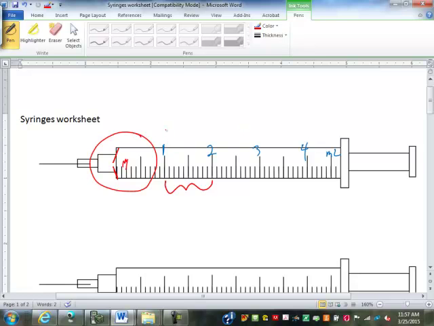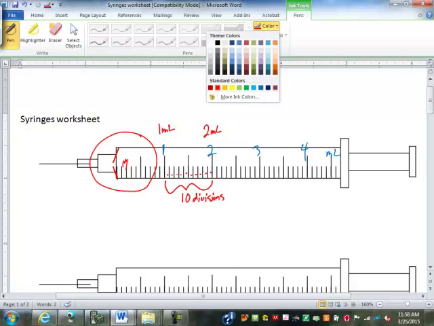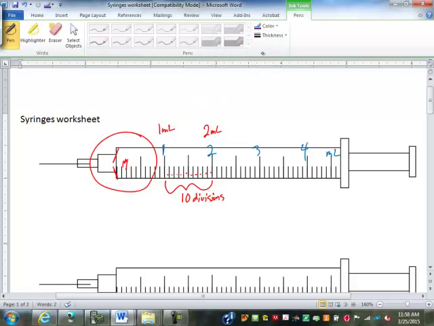So we're going to go here. This one we know is 1 milliliter, and this is 2 milliliters. We're going to count in between there: 1, 2, 3, 4, 5, 6, 7, 8, 9, 10 divisions. And of course, the value represented by each division is equal to the difference in the 2 volumes.